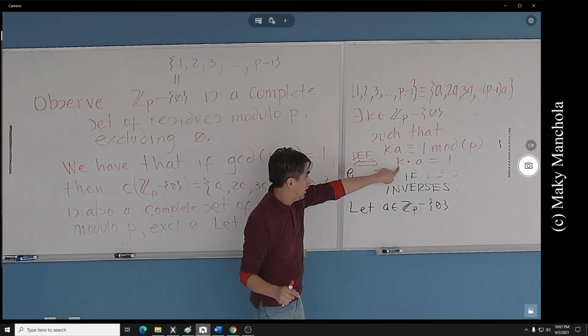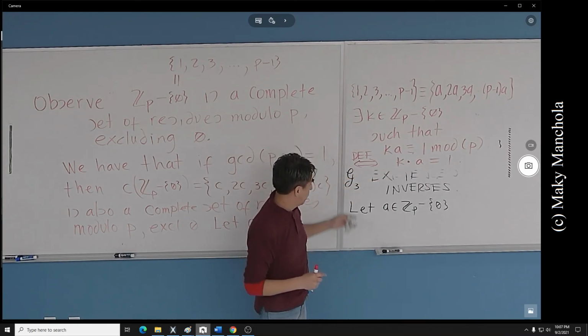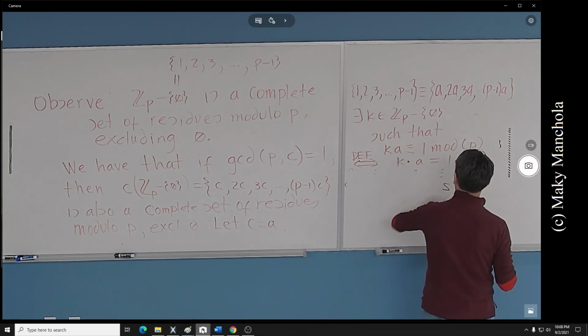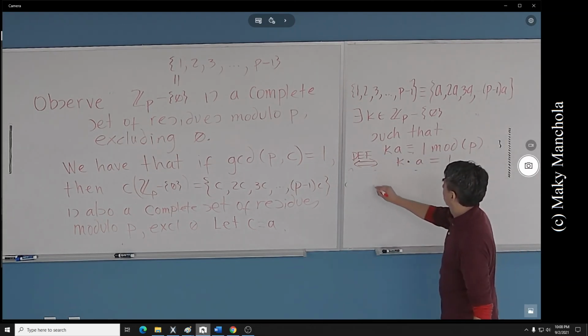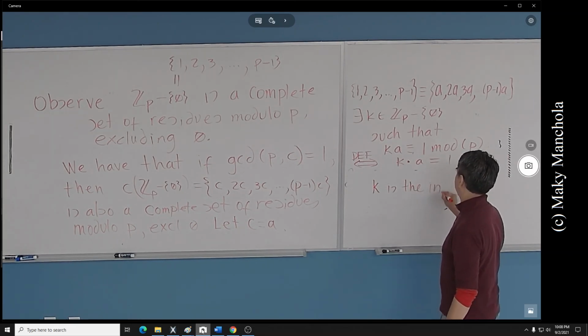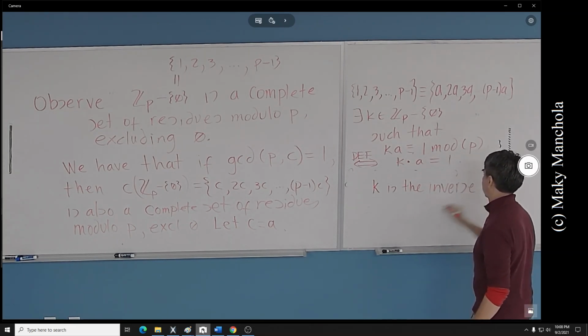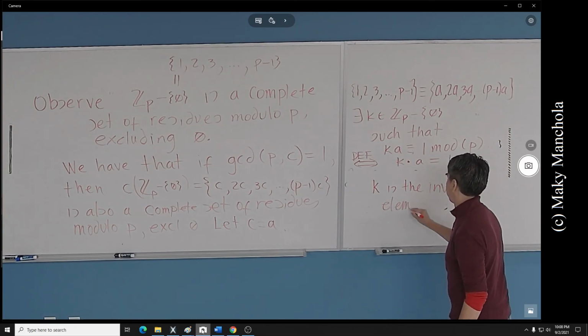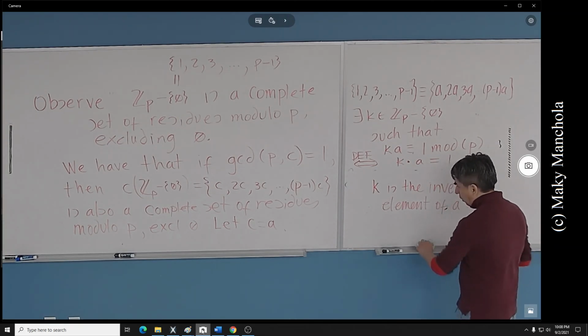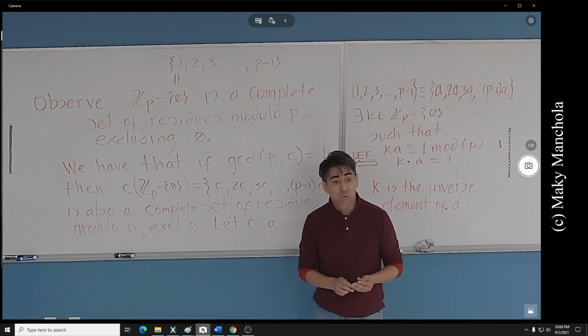So here, K is the inverse we were looking for. Okay, and that concludes our proof.